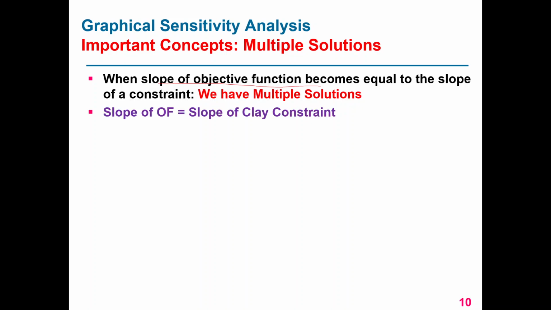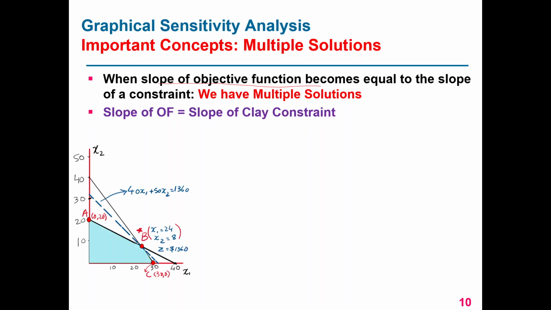To demonstrate this, let's say initially the slope of our objective function becomes the slope of the clay constraint. This figure is the original problem that we derived in our last video, and it was also shown on the very first slide. This is our objective function 40x1 plus 50x2. This is our clay constraint and this is our labor constraint.